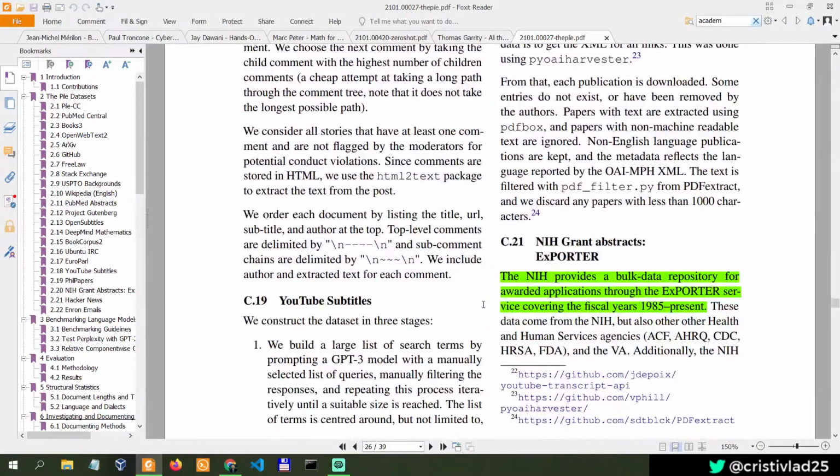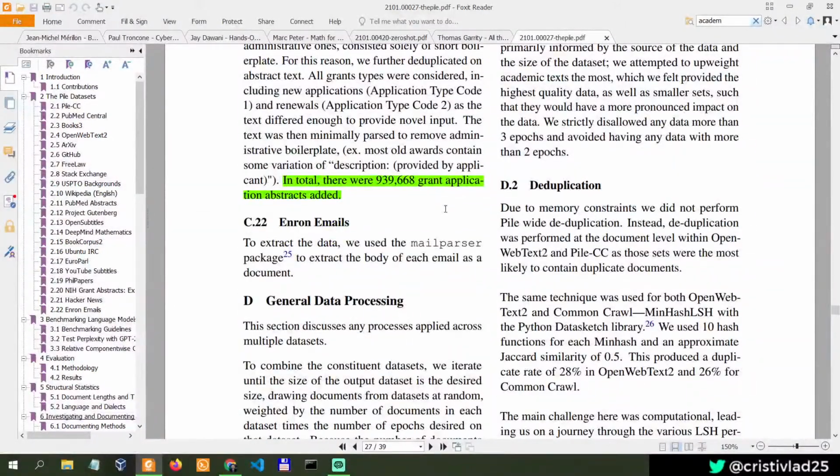Again, I only have good words for the Pile, and hopefully people who train language models at scale, who have the financial means to actually do that, like the folks at OpenAI, are actually going to take this into consideration.